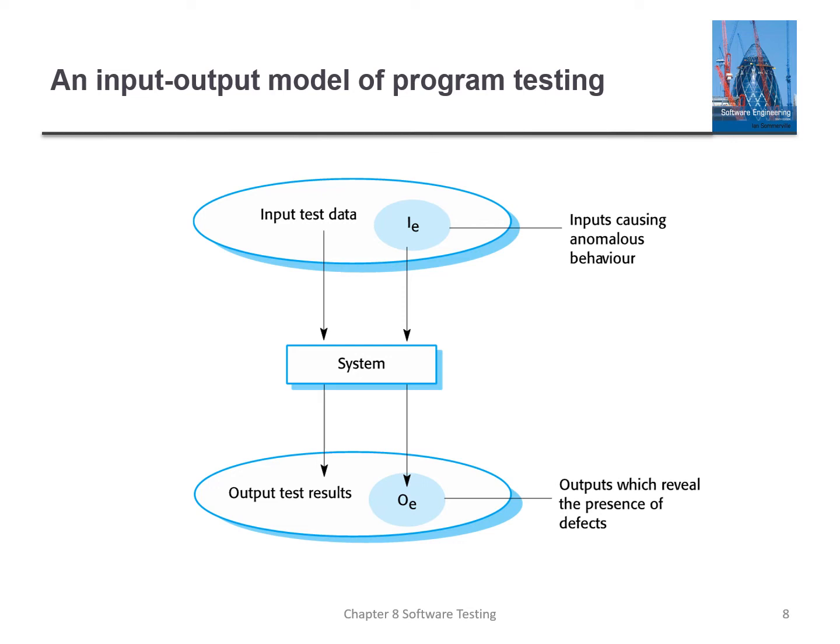For example, I want to test a login for an online system, for example our UUM online system. Of course I will put in a correct username and password, and on top of that I also will put in input that causes anomalous behavior.